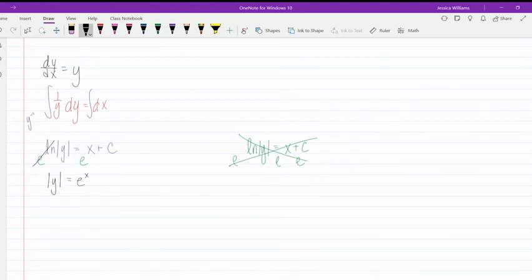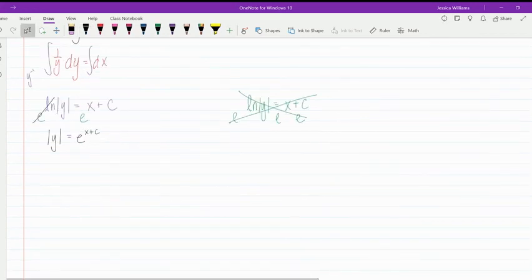This is e to the x plus c. Okay, nobody is ever going to write this. You need to think about this as e to the x times e to the c. Remember, they have the same base, so we can add their powers, which means I can split them back up just as easily. e is a constant, c is a constant, which makes this whole thing just a constant.